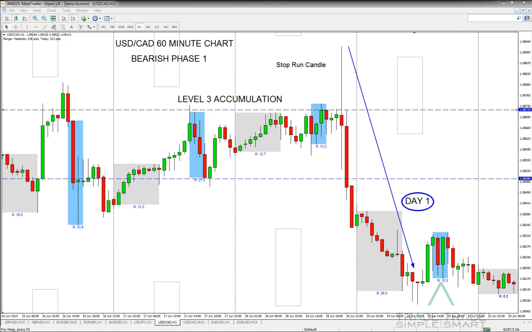So on the following day, we'll be looking for phase 2 in the direction of phase 1. So we'll be looking for a trade to the downside.